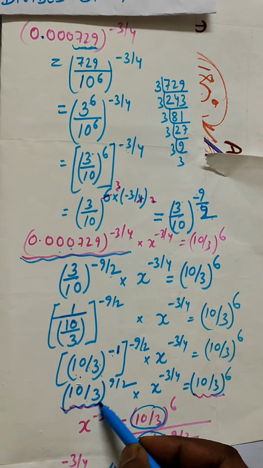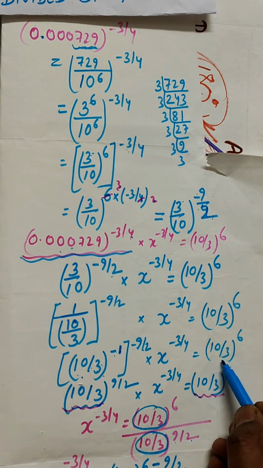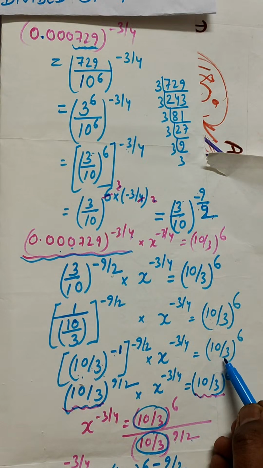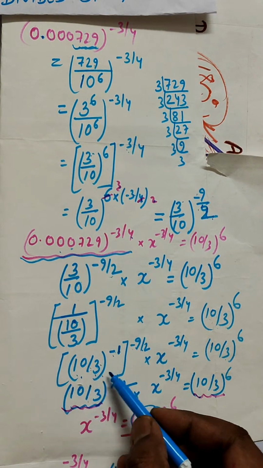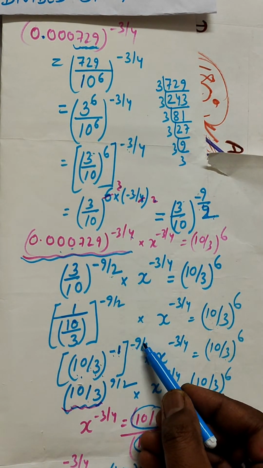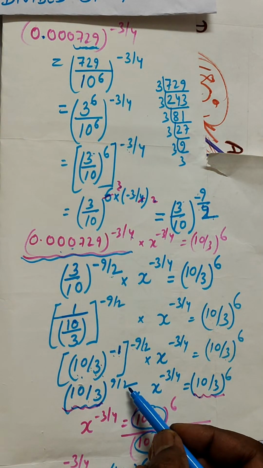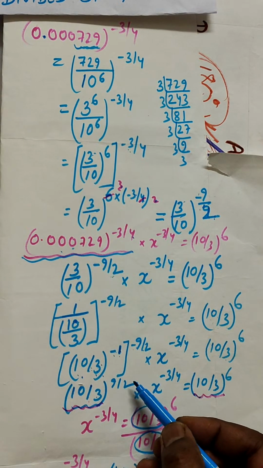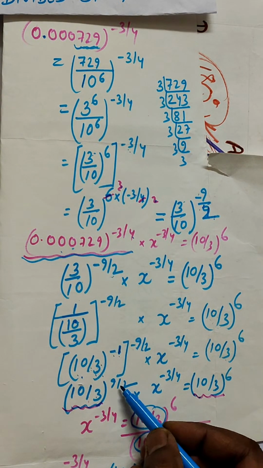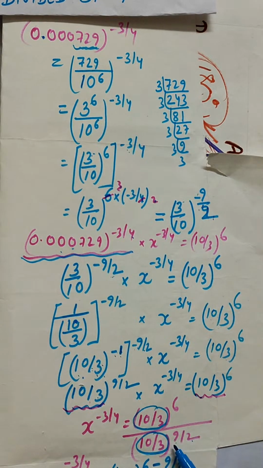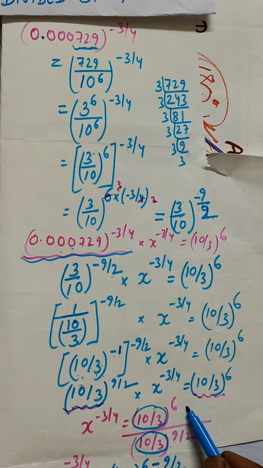And why we did it? Because to make the bases as same, because you can see in the RHS it's 10 by 3, right? So 10 by 3 power minus 1 into minus 9 by 2 will give you 10 by 3 power 9 by 2, right? Now when 9 by 2, when you divide it, it will be 6 minus 9 by 2, right?